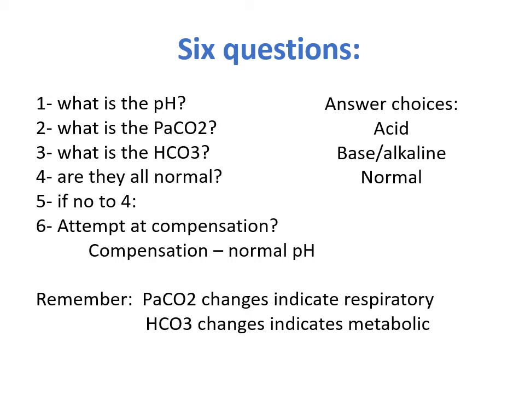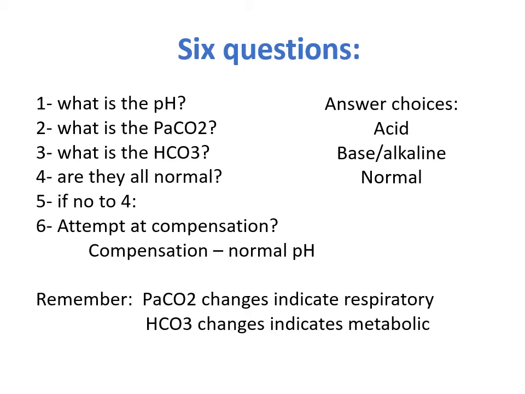Okay, what's happening with the CO2 in the blood, in the serum? If it's elevated, higher than 45, it means you're not able to clear the CO2 because of a lung problem. So if you have a high CO2 and a low pH, it's going to be a respiratory acidosis.